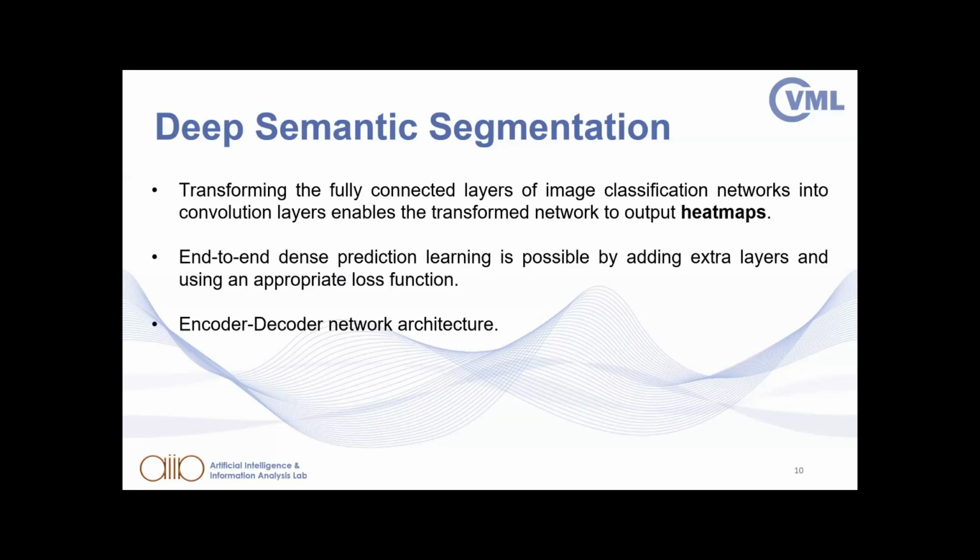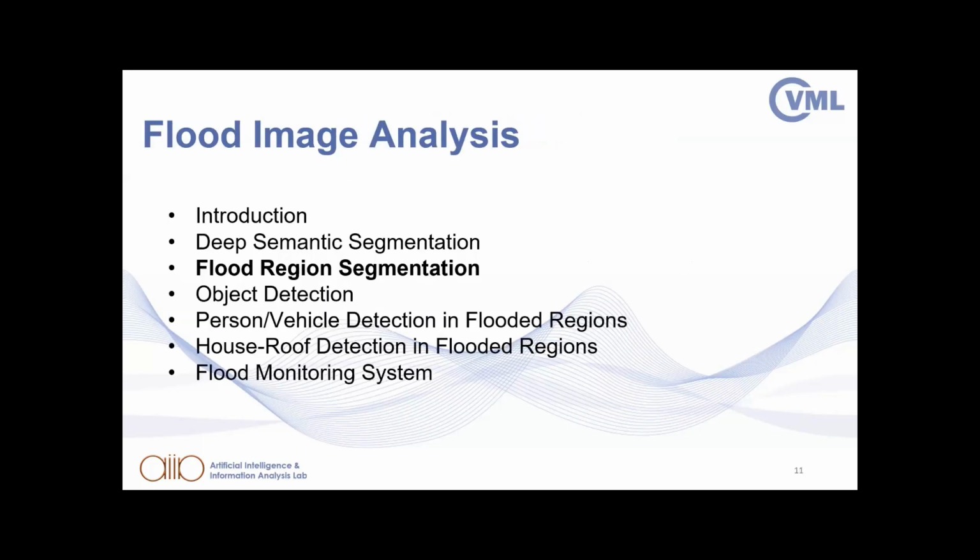Finally, we often use an encoder-decoder network architecture for this task. The encoder extracts features from the input image, reducing its size, while the decoder reconstructs these features into a detailed segmentation map. This approach ensures that the final output has the same resolution as the original image, with clear classification for each pixel.